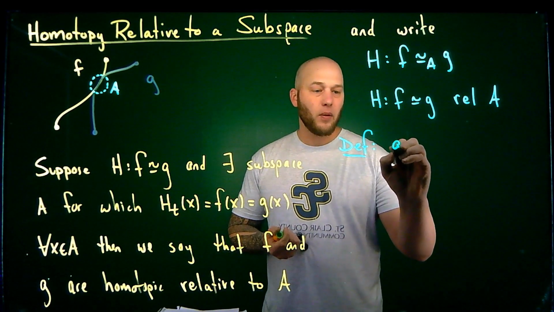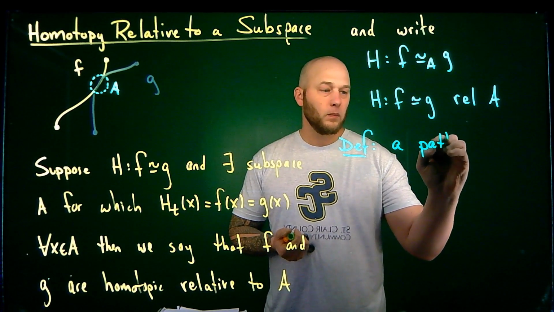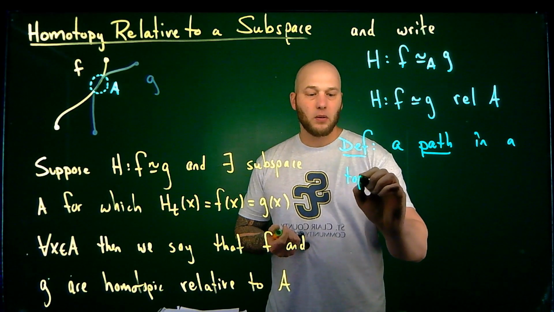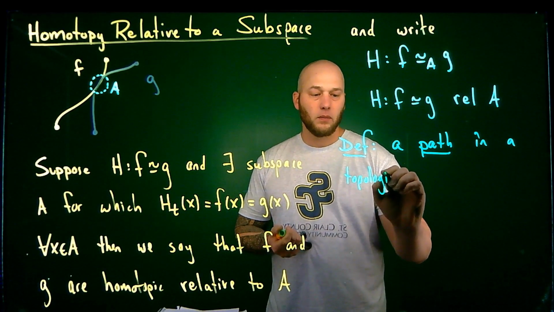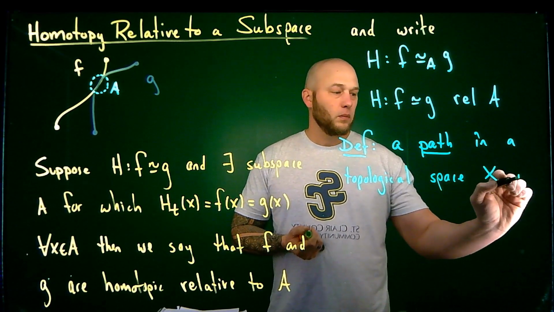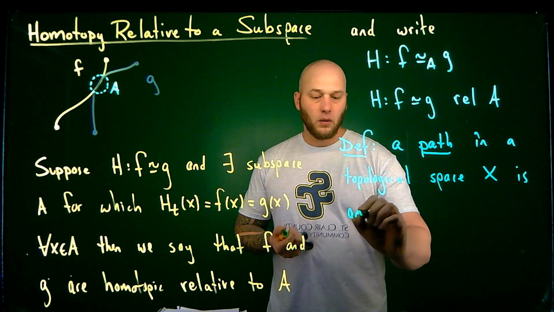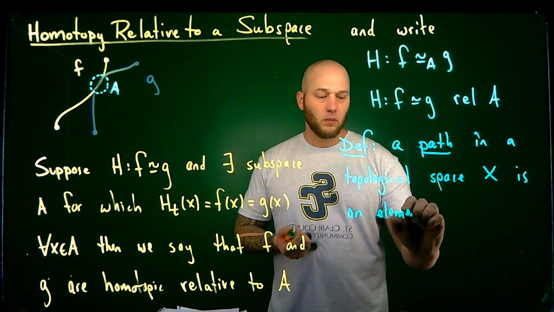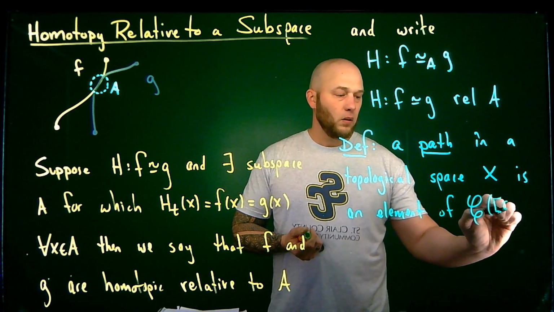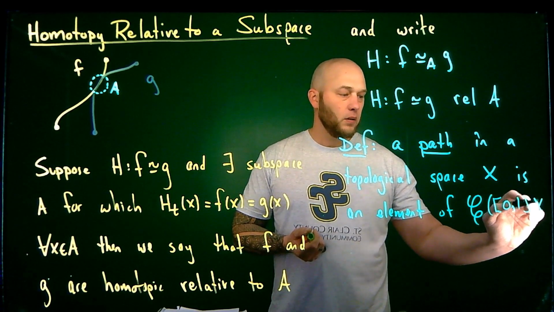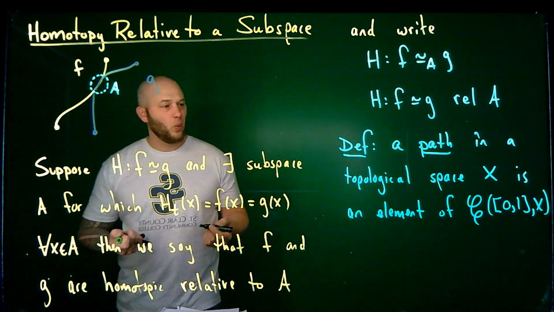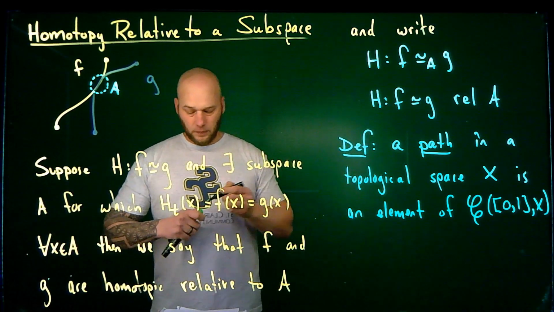A path in a topological space X is an element of the continuous functions from [0, 1] to X. So it's a continuous function from that closed interval 0 to 1 to X.